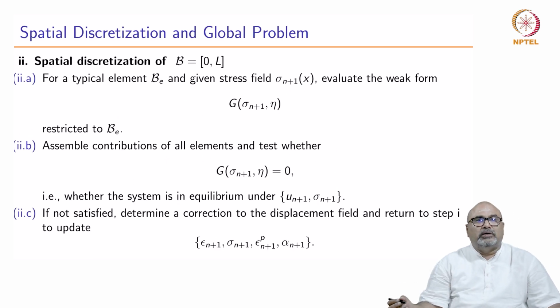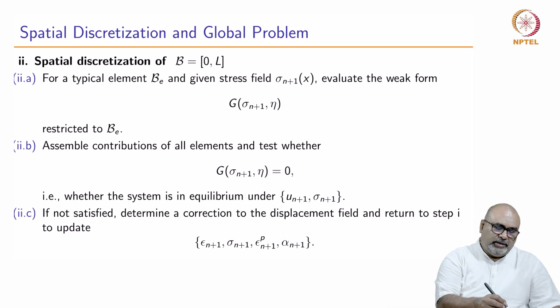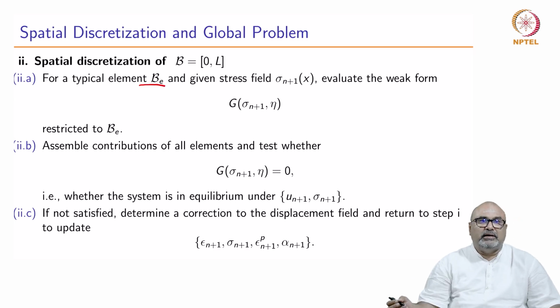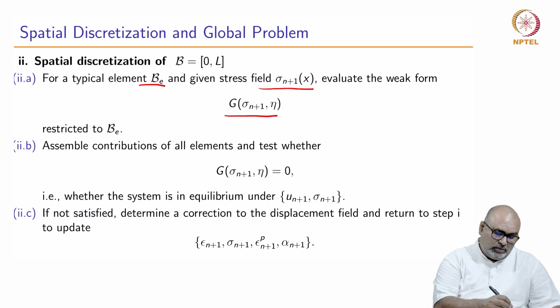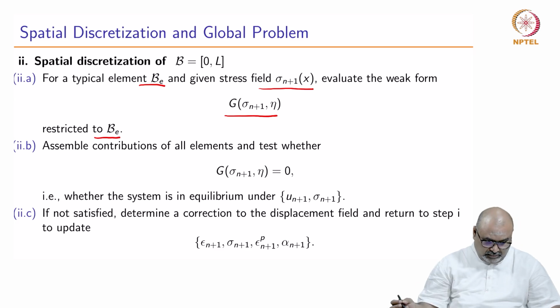Now, we follow a spatial discretization of the domain into a number of small elements in one dimension. A typical element is denoted by BE, and given the stress field sigma n plus 1 of x, we evaluate the weak form g of sigma n plus 1 comma eta, where eta is the test function, restricted to the element domain.